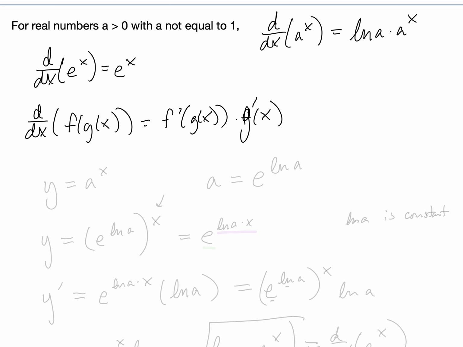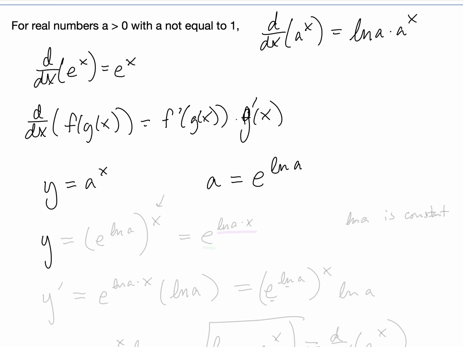Other facts we're going to use are just facts about natural log and e and how they are inverse functions. So if we think about the function y equals a to the x, one thing we can do is rewrite a as e to the natural log of a, and that's again just because e and natural log are inverse functions, so they undo each other.